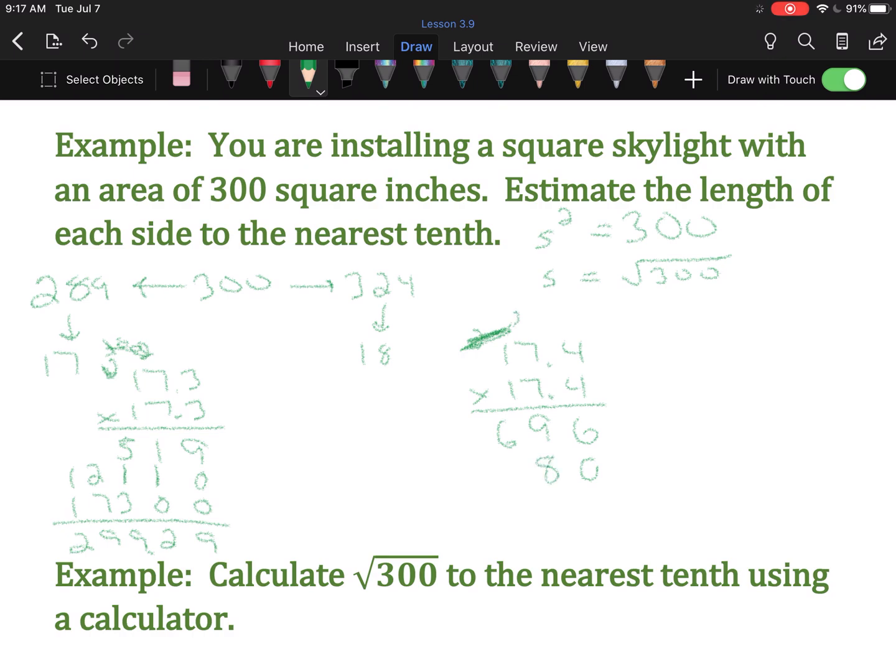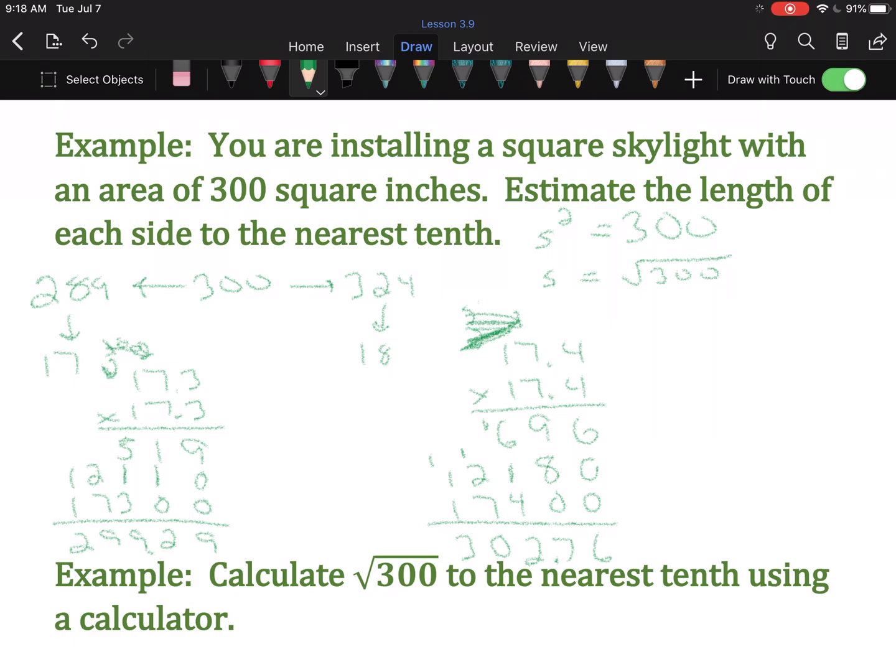Carry the 2. 7 times 7 is 49 plus 2 is 51. Carry the 5. 7 times 1 is 7 plus 5 is 12. Start with 2 zeros. And now I'm going to have 174. Adding it all up, 2 decimal places means it's 302.76.